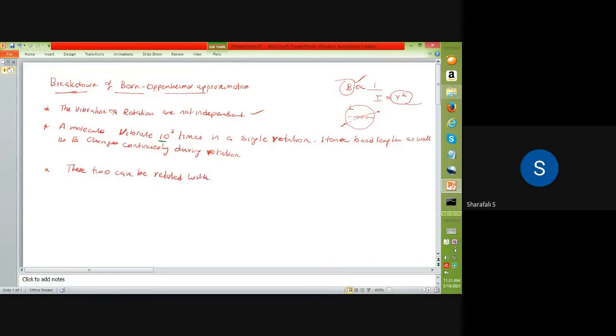This is an approximate equation, which will give you almost the same value. That equation is B_v equal to B_e minus alpha times (v plus 1/2).